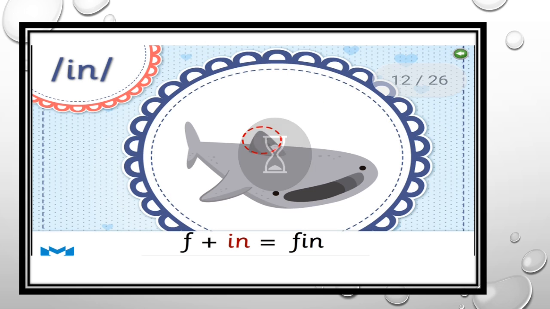Now in this picture you have seen a fish, and have you seen the fin on its body? Do you know what a fin is in the fish body? The fin helps the fish to move in the water and balance in the water. So, fin.